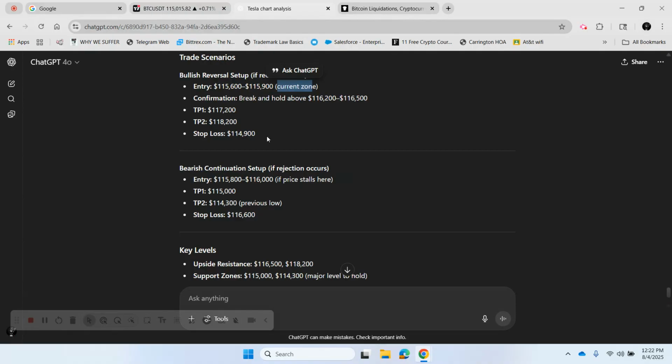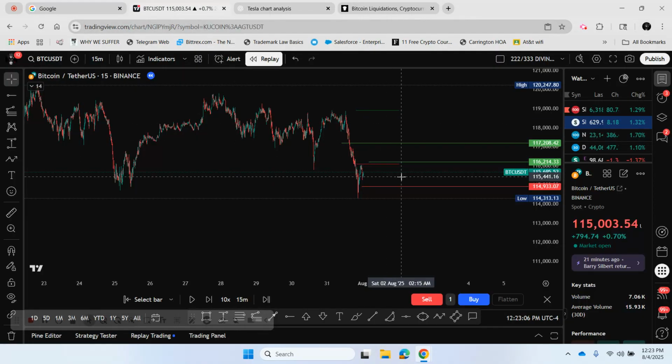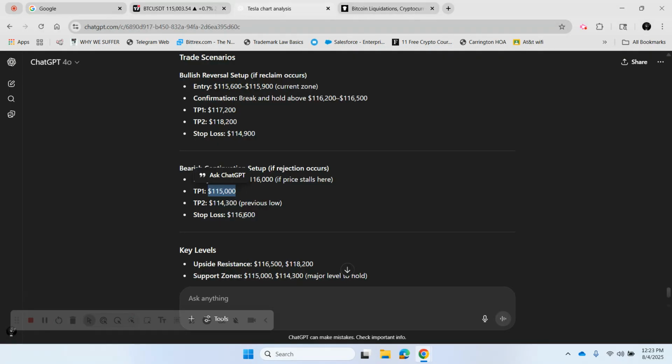All right, and then between 15,800 and 16,000, you can look for entry. Your first PT will be 115,000, and that'll be right in this area. If you're shorting it, stop loss would be 116,600.